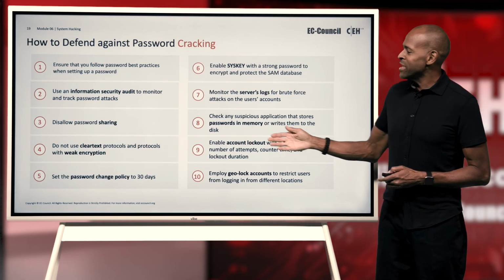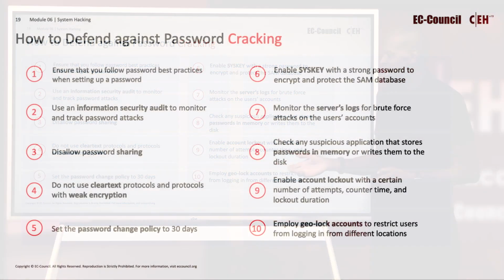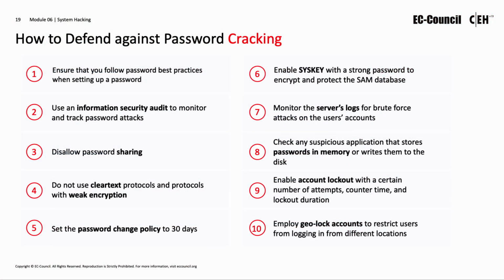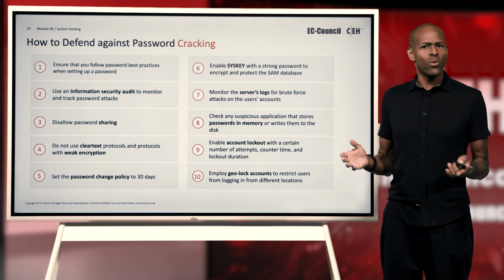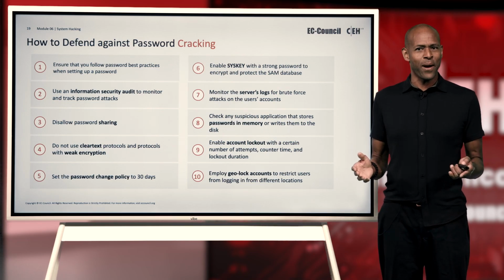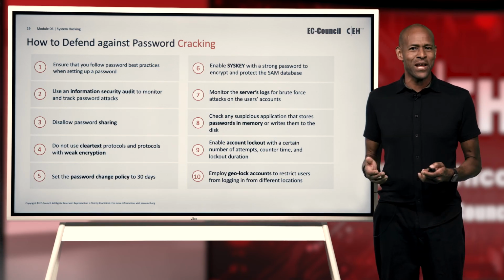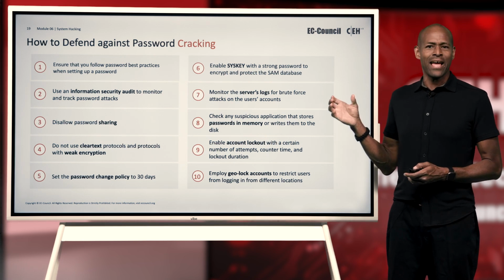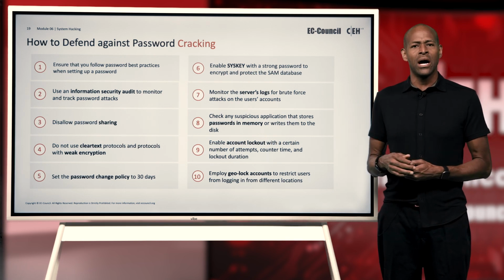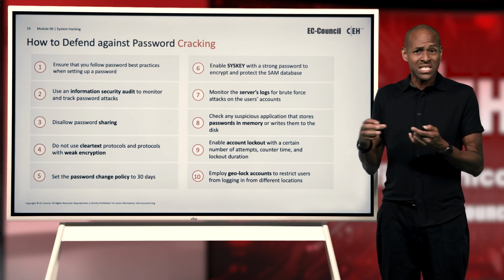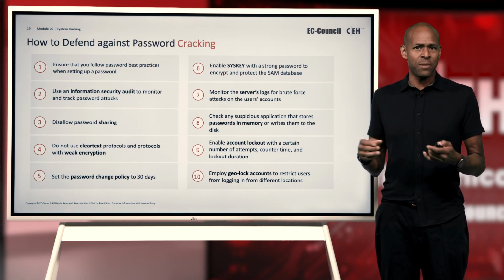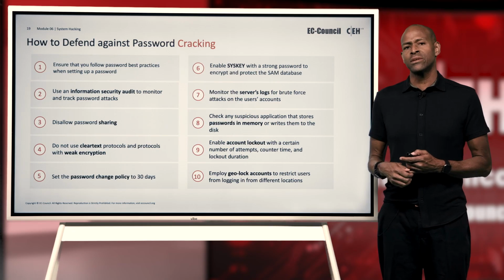All right, next thing we look at is number 4, don't use clear text, use encryption. Number 5, set your policy to 30 days, so the password expires in 30 days. And this one is enable syskey, but I want to give you a warning about syskey. Syskey was, notice I'm talking about it in the past tense, great, because what it would do is take that hash that you're using with the SAM, with that large NTLM hash, and essentially sort of salt it. It protects it so you can't get to it.